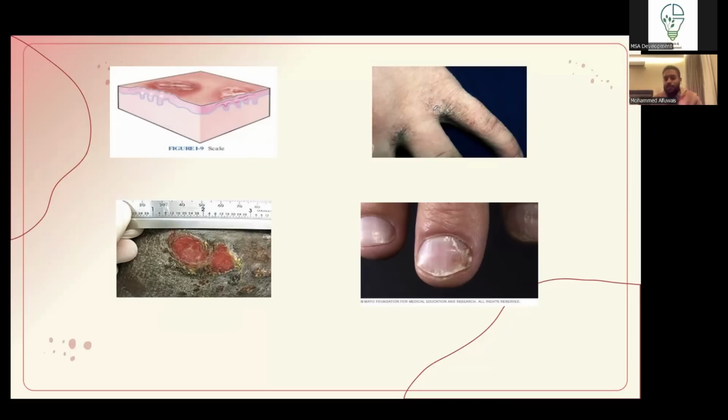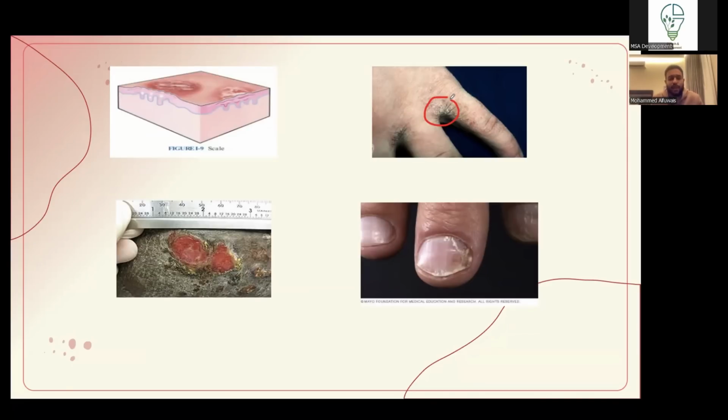Lichenification. What is lichenification? It's a chronic change to the eczema. The skin lesion itself becomes permanent and turns gray, crusted like this. However, I don't use the term crust. When would I use the term crust? When I'm describing impetigo. And I'll get to it later.